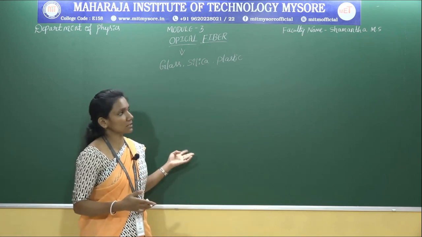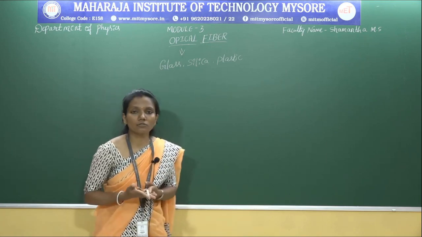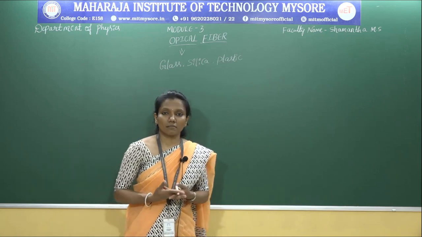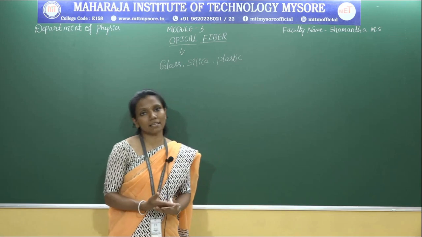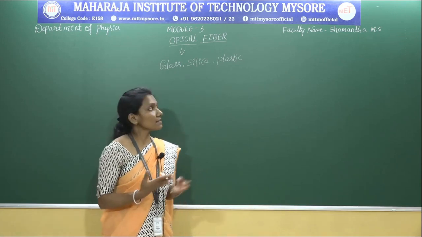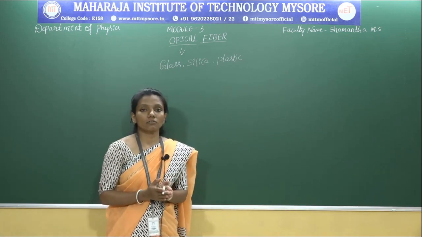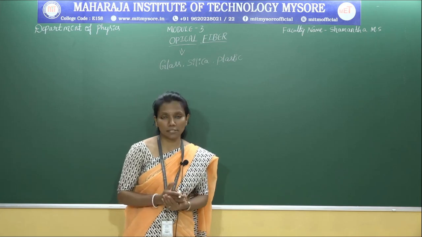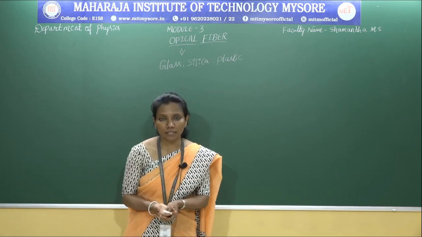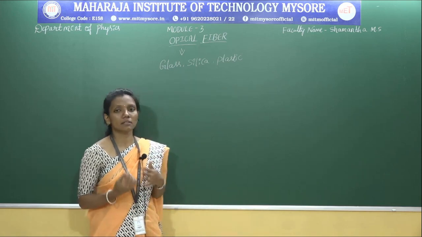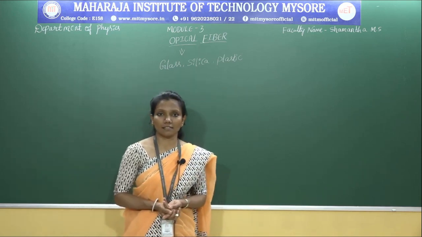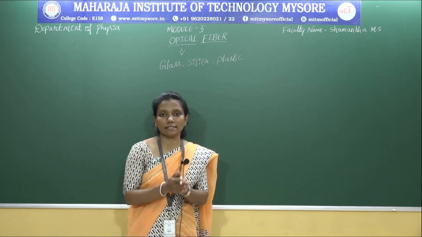Before optical fiber, we were using metal wires and metal cables. Compared to metal cables and electrical wires, optical fiber gives huge advantages in the technology field, because it avoids the loss of signals.